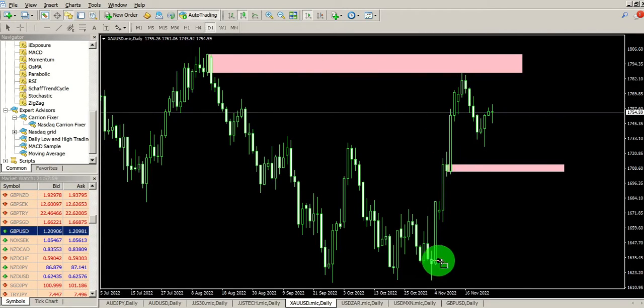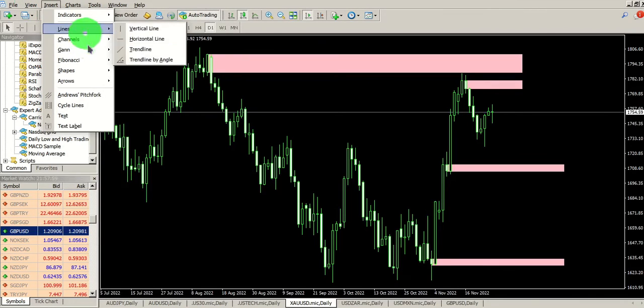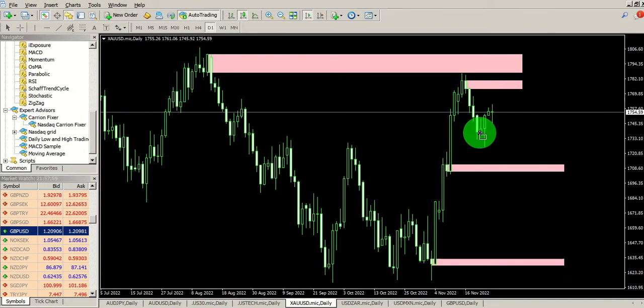This is pretty much long term. I don't think the market can reach this order block in the coming week. So again, I can use this one, and I think this one as well.